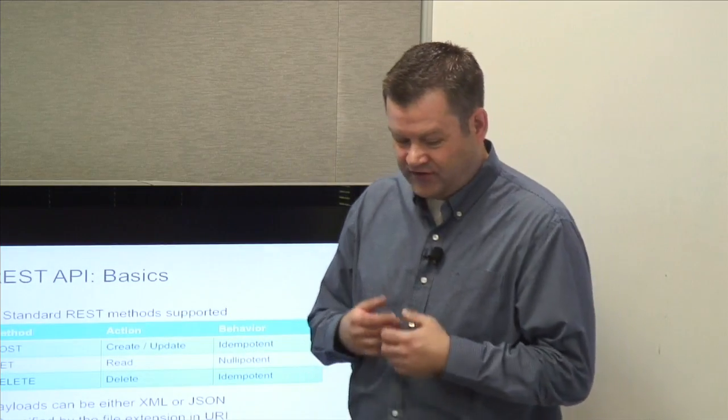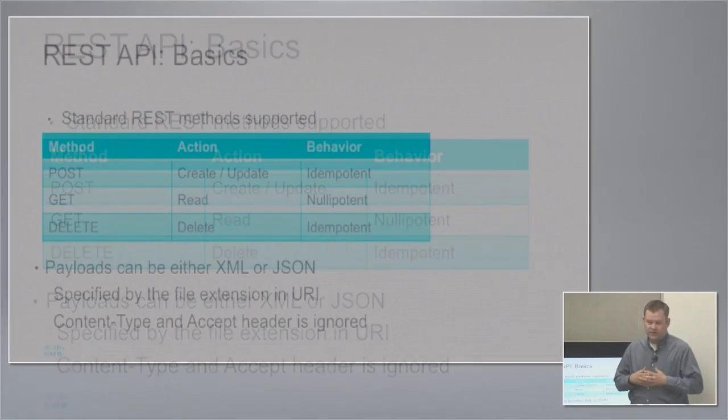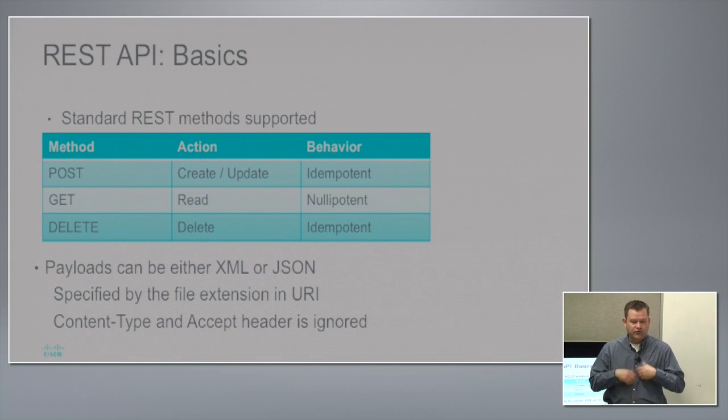So this object model is front-ended by the REST API. And the REST API is like any REST API, using basic HTTP access methods. The nice thing is that it's idempotent in the sense that when you go and create an object, you can create it many times.